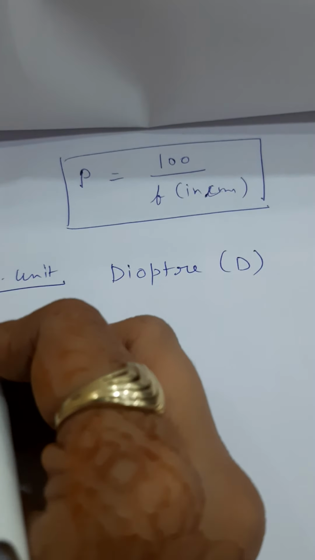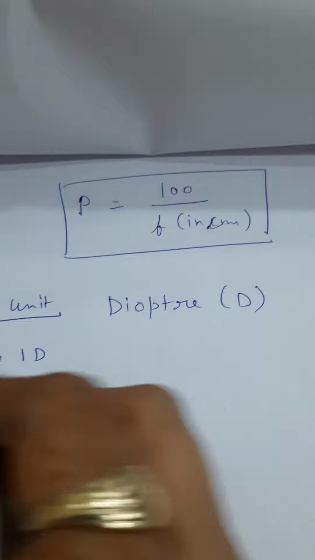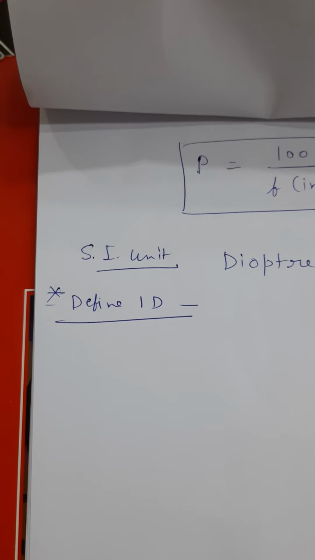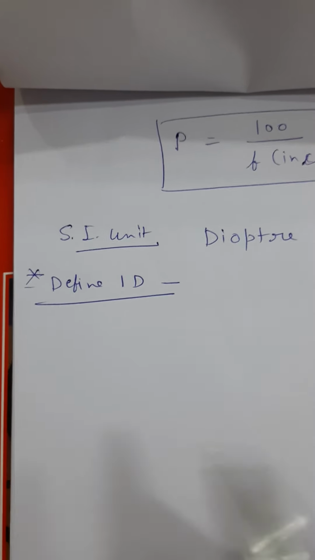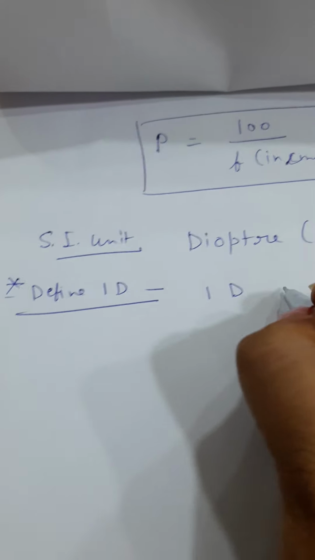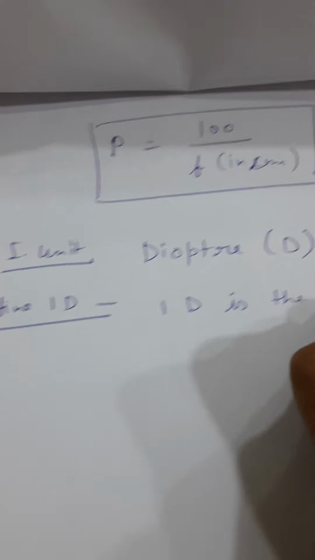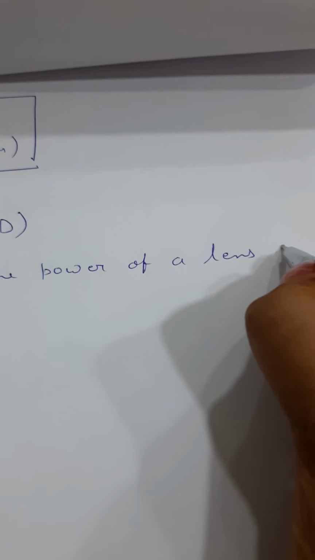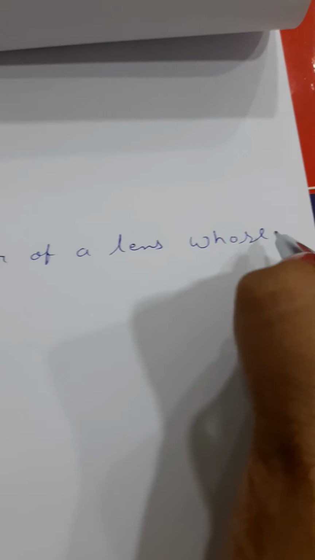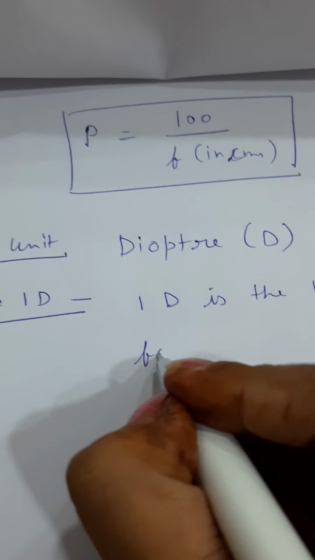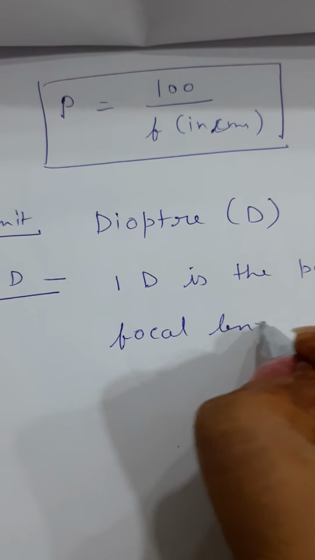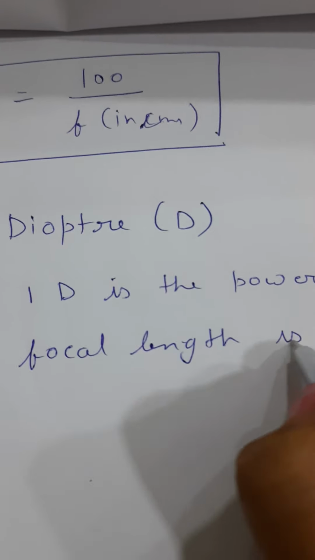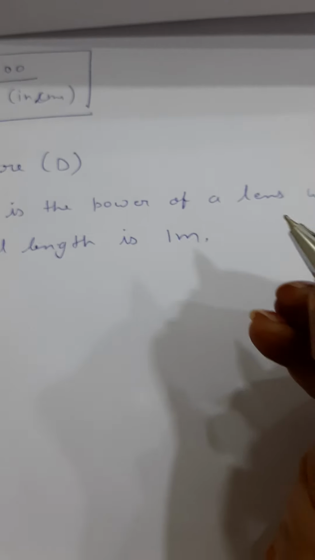Then define one diopter. This is a very important one. So if they ask to define one diopter, what will you write? You will write: one diopter is the power of a lens whose focal length is 1 meter.